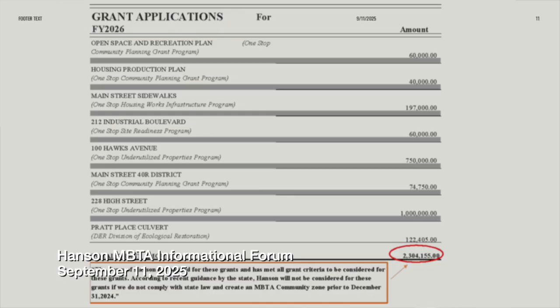So all of these grants are in jeopardy right now. We are not considered eligible because we're not in MBTA compliance.